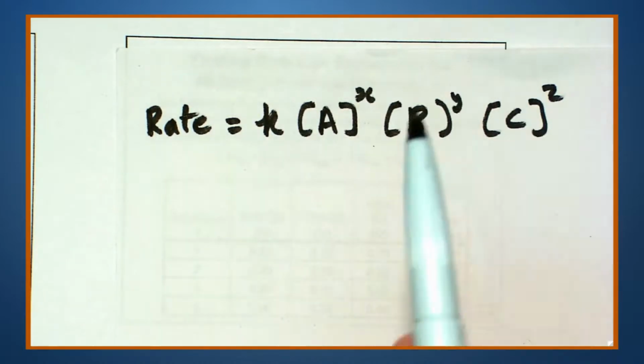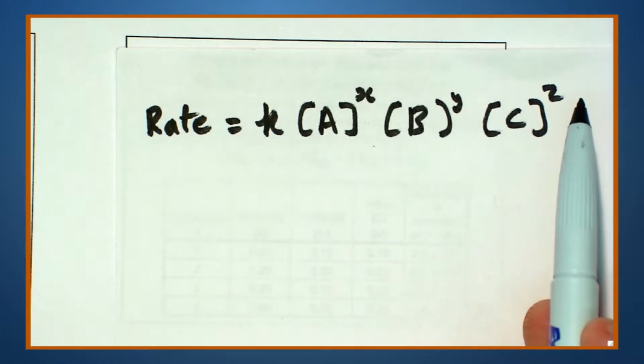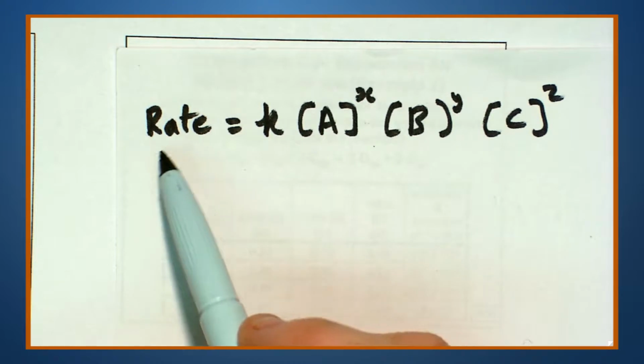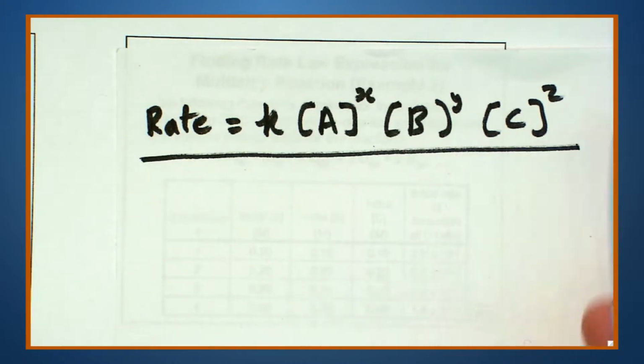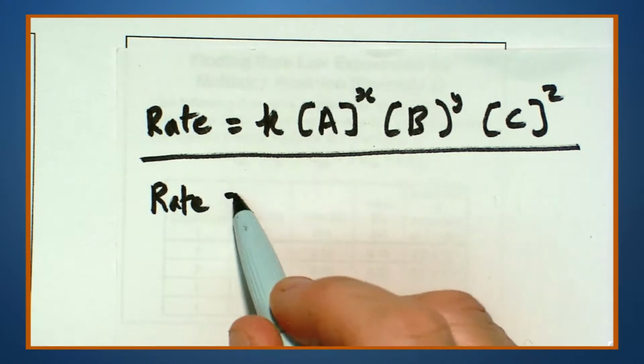Now, this would only be of use if we actually knew all the individual bits of data. So since we don't know really anything yet, what we do is we write it twice, and we can divide one equation by another. So I'm going to write it again, and then I'm going to add some other bits to it.